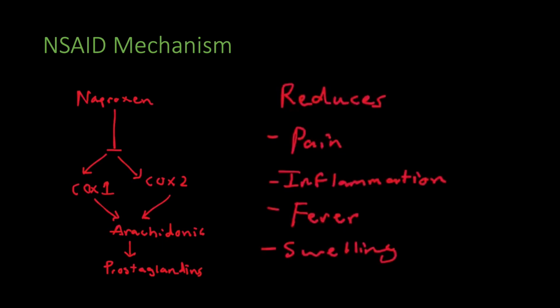I'm not sure if any of your pharmacies have ever dispensed naproxen. But it is one of those NSAIDs. It is used to block COX-1 or COX-2, so it helps reduce pain, inflammation, fever, swelling overall.